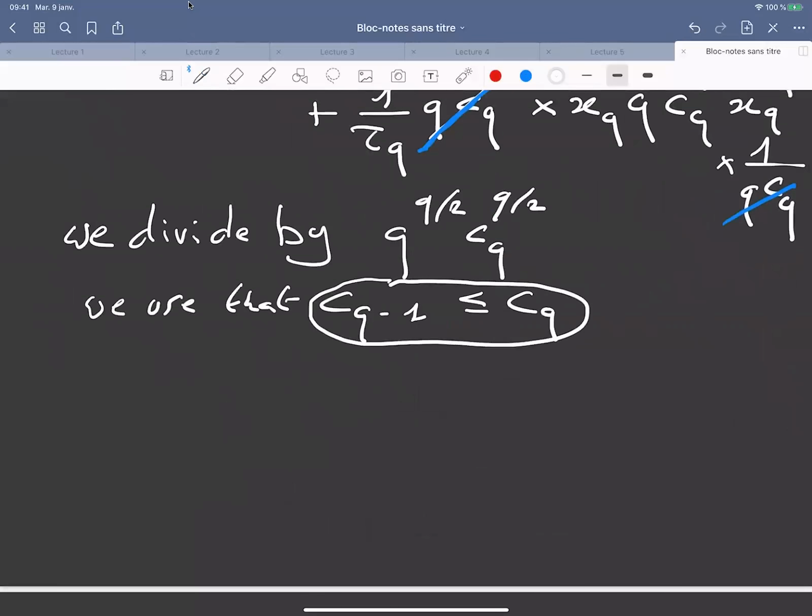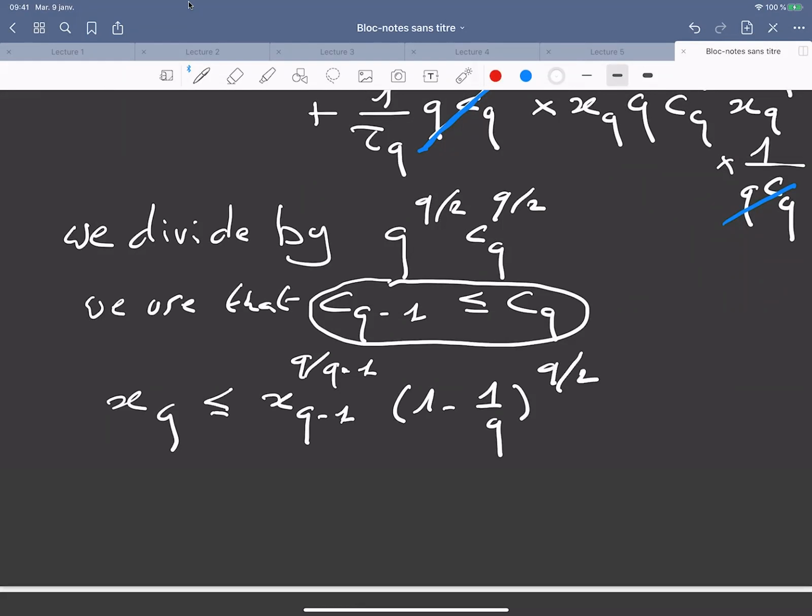So at the end of the day, what you get is that xq is less than xq minus 1 to the power q over q minus 1 times 1 minus 1 over q to the power q over 2 plus 1 over tau q times xq to the power 1 minus 2 over q. And now it's time to use our assumption.